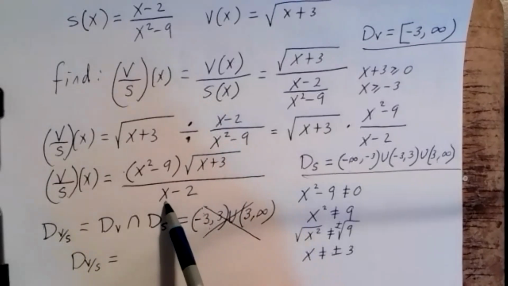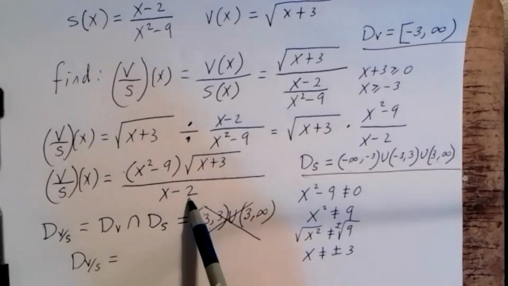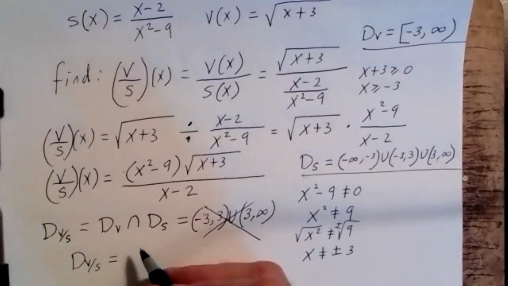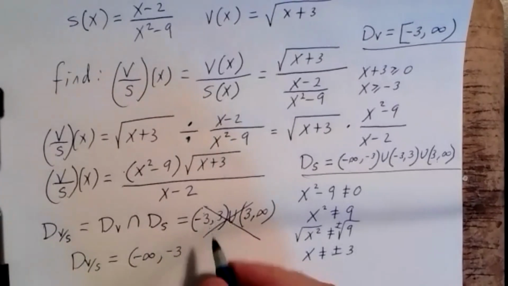And we cannot have 2 in our domain either, because if x is 2, this quotient function is undefined because the denominator would become 0, and you cannot divide by 0. So the domain of our quotient function would include all real numbers from -infinity up to -3.